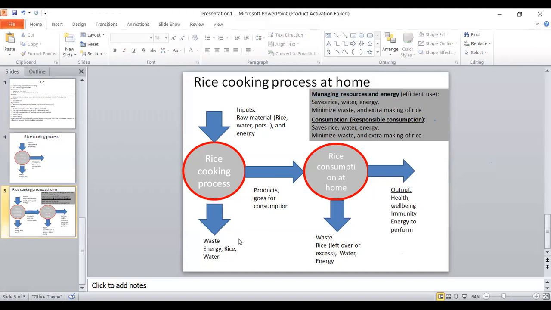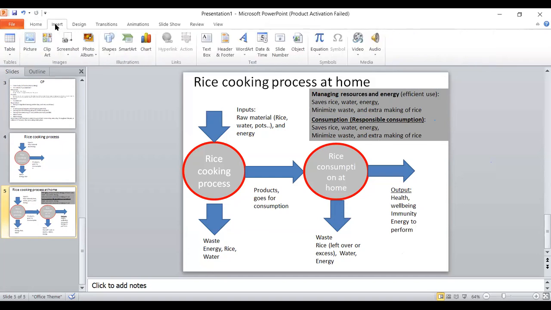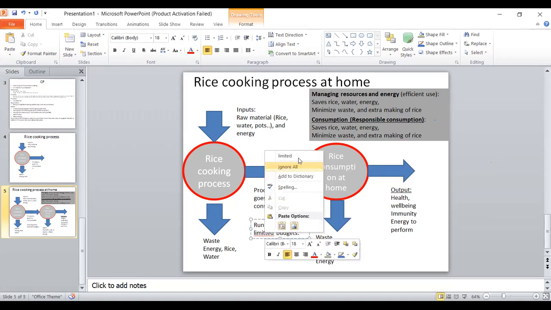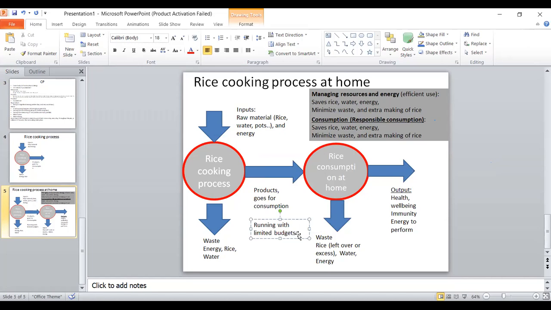So you imagine, at our homes we are running with limited budgets, same as companies.